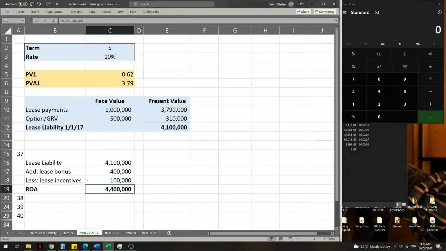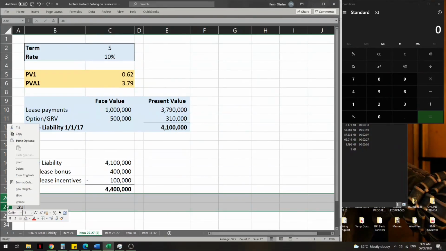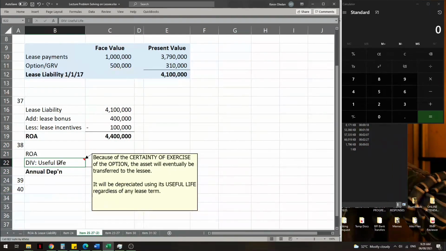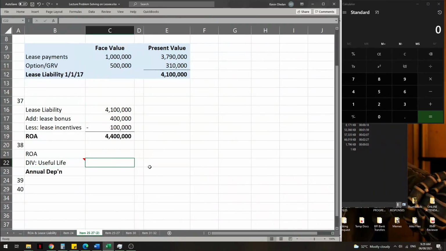Here is the rule again. Because of the certainty of exercise of the option, the asset will eventually be transferred to the lessee. It will be depreciated using its useful life regardless of any lease term. So, to conclude, 8 years po ang gagamitin natin to depreciate the ROA of 4,400,000.